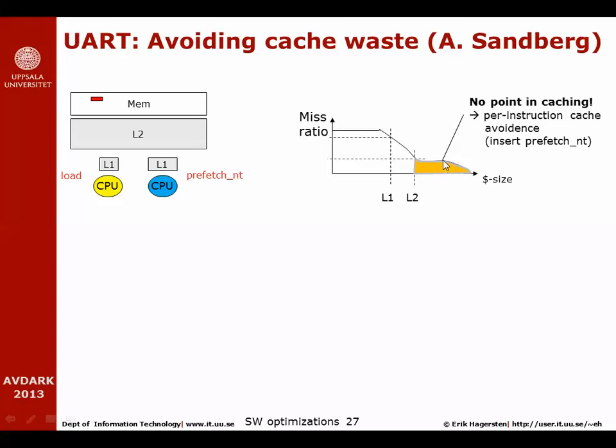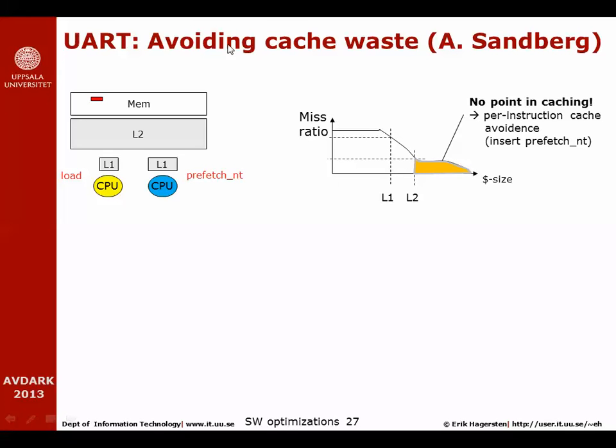So if we can find instructions that bring in the hopeless data that would require a larger cache than L2, then we can automatically change those instructions to become prefetch NT instructions. And that is such a scheme that Andreas has used to automate this process.